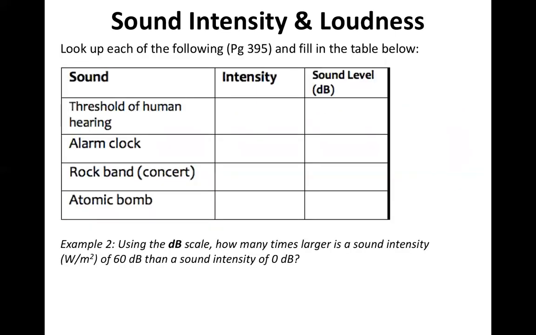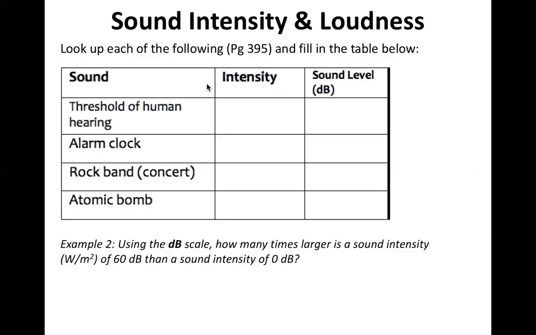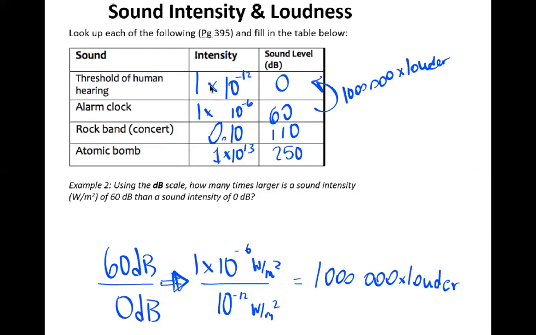So let's take a look at the math comparing a few different sounds. The threshold of human hearing intensity was this number, so we write down that sound intensity, and it's 0 decibels. An alarm clock is 1 times 10 to the minus 6 instead of 1 times 10 to the minus 12, a difference of 0 decibels versus 60 decibels.